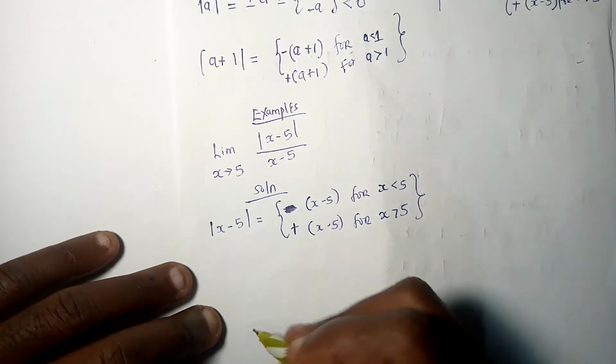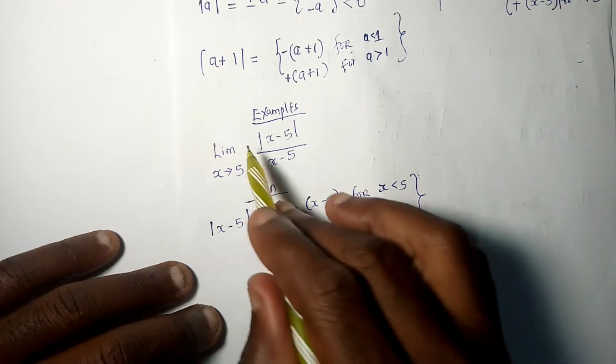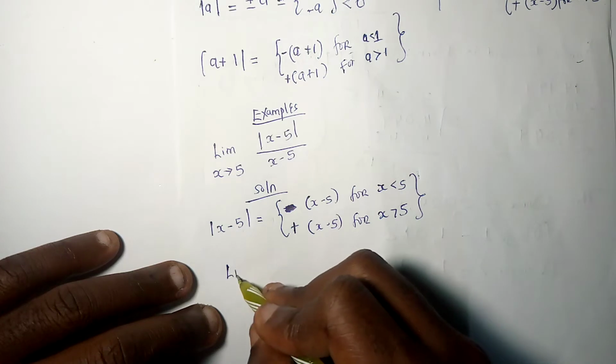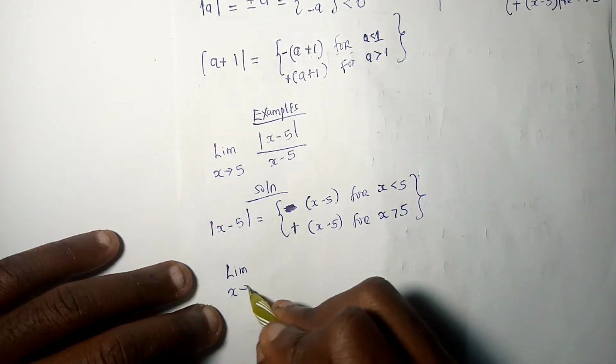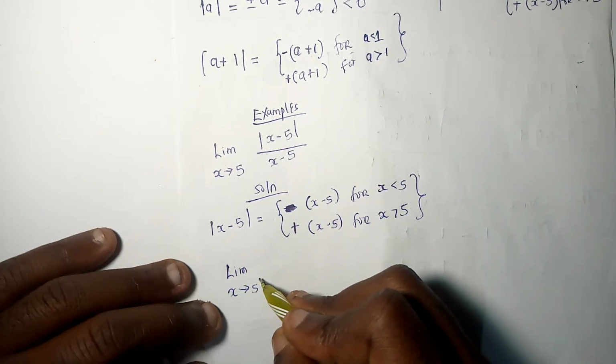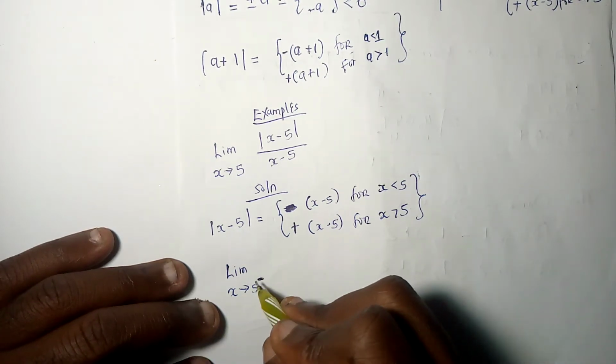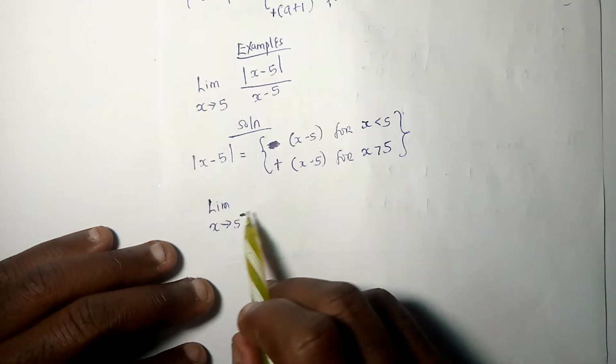Then you will have to subject this term to both conditions. So you are going to have the limit as x approaches 5. Now you begin with the negative direction, so you put the direction term here, the negative direction.